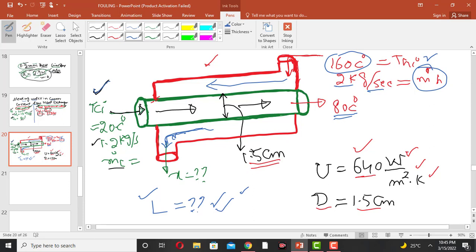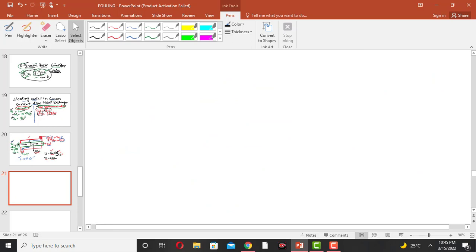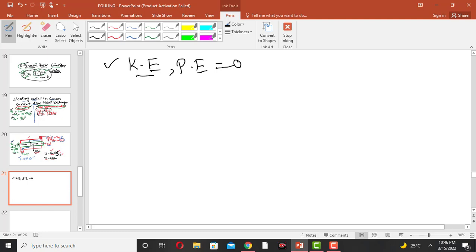In this problem we will use the LMTD method. We can also use the NTU method, but in this lecture we will use the LMTD method to design the heat exchanger and determine its length. First of all we will write the general heat balance equation. We will assume that the kinetic energy and the potential energy are negligible in the heat analysis, so they will be zero.